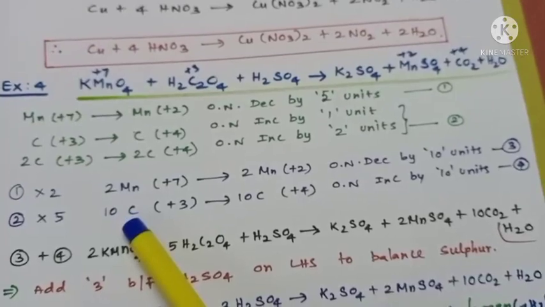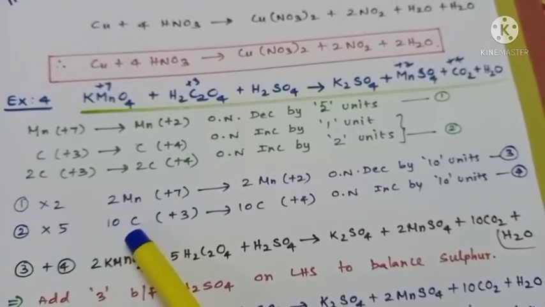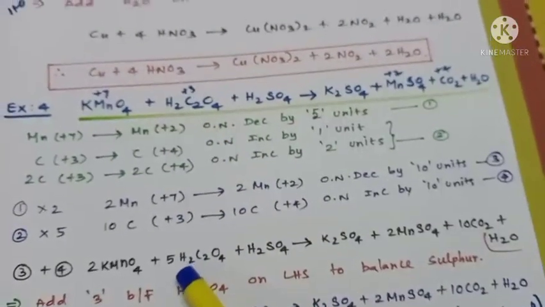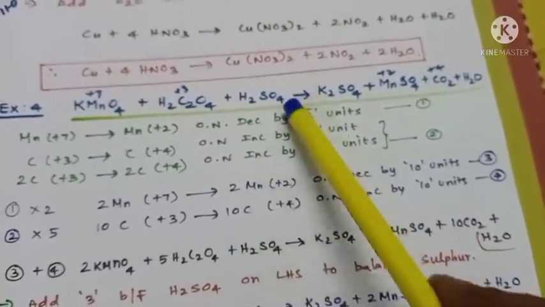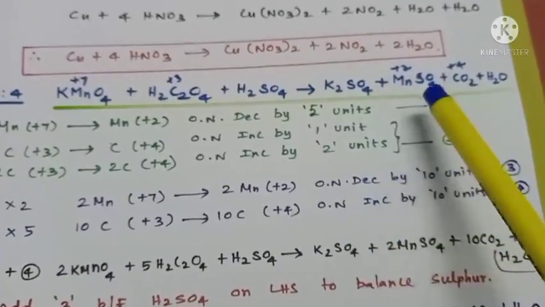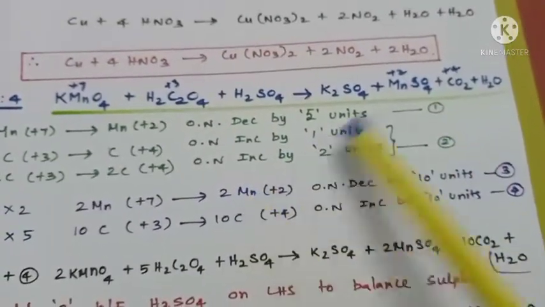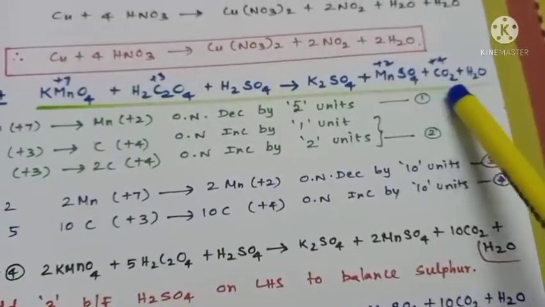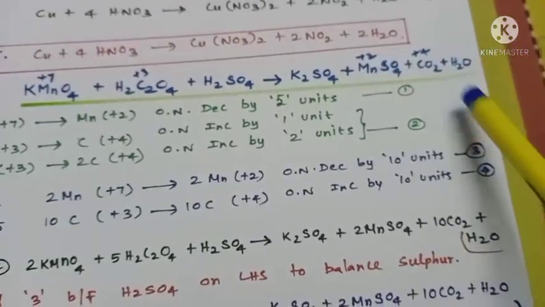Then the fourth equation has 10 carbon on the left side. In the original equation C2 is there, so you have to write 5H2C2O4 plus extra sulfuric acid. I bring down the extra compound K2SO4. Then here 2 Mn are there, so twice MnSO4. Then carbon 10, here you have 10 CO2, and the extra compound water.